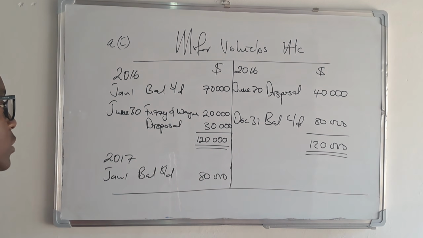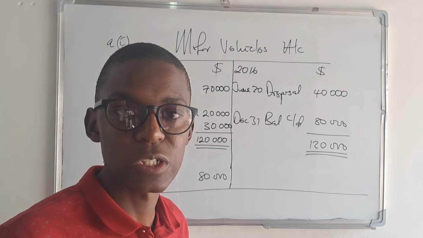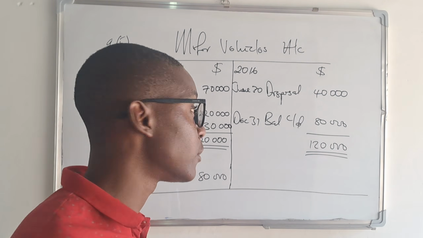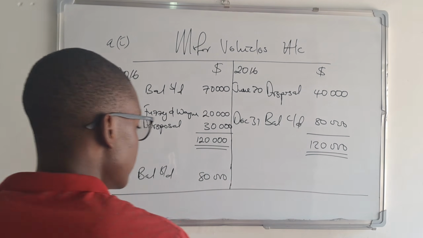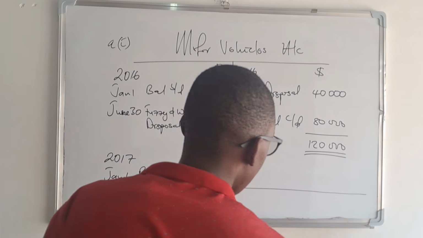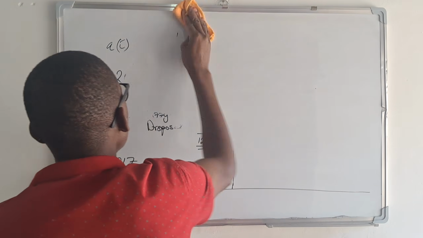This is how you record a motor vehicles account if you are asked by the examiner to prepare a motor vehicles account as required by the question. Now we want to dive into the provision for depreciation account. So stay tuned, guys, as I wrap off the motor vehicles account.